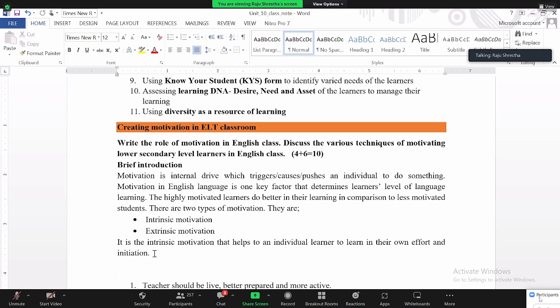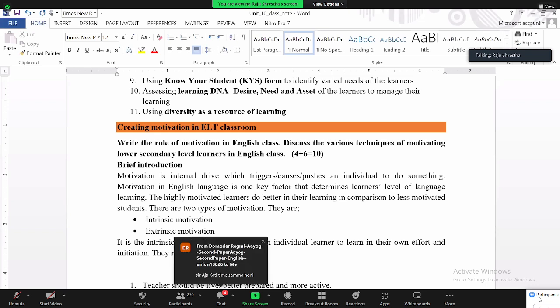When learners are motivated themselves and act according to their own effort and initiation, this will be better in language learning as well as for sustainable learning.